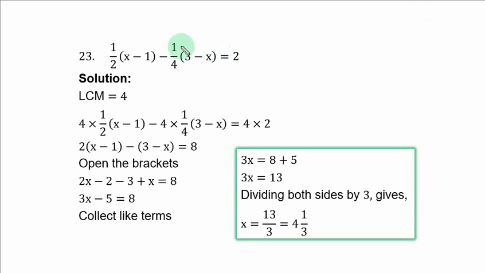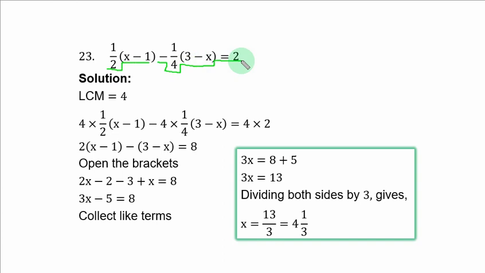Example 23. You have 1 over 2 times bracket open s minus 1 bracket close minus 1 over 4 times bracket open 3 minus s bracket close equal to 2.